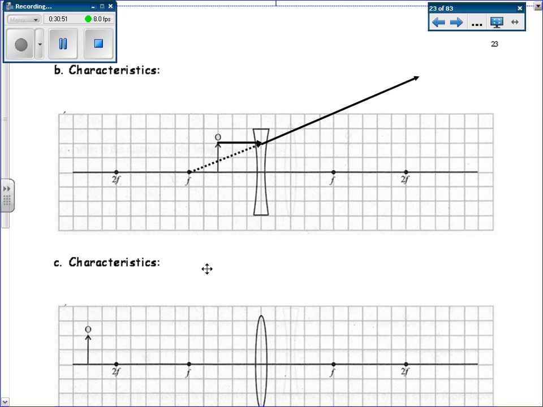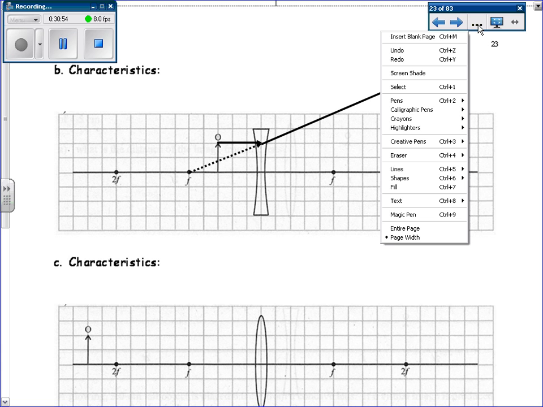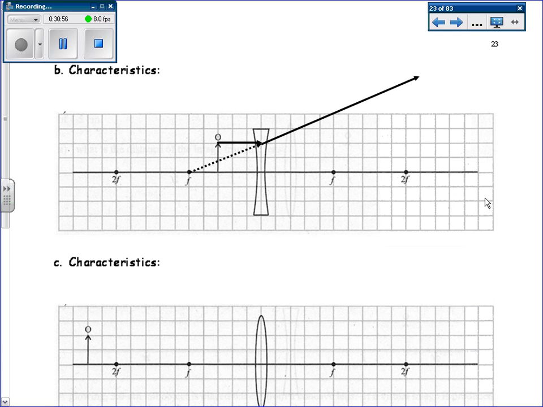And then a ray that passes through the optical center, through the center of the lens, doesn't refract at all. So that means my image is where those two meet. My image is smaller, as it should be, because a concave lens will always give you a smaller image.